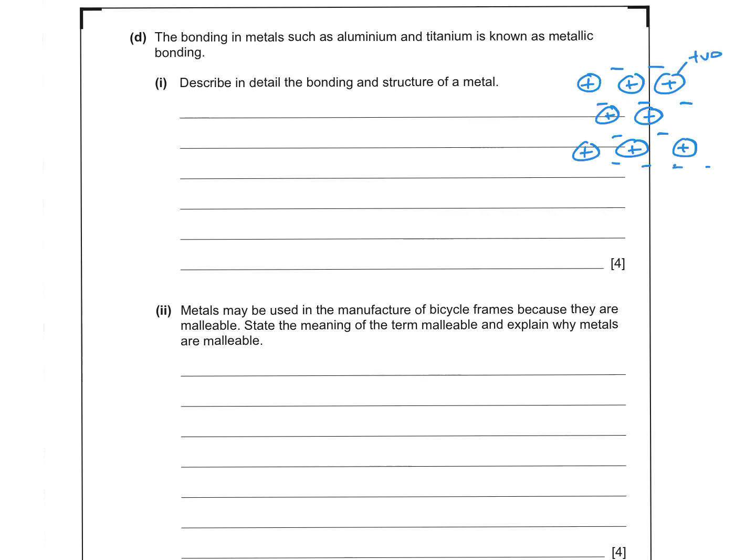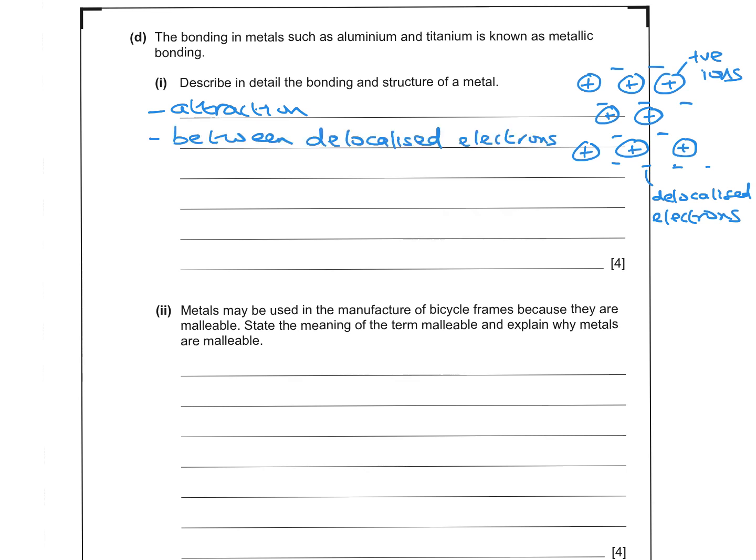These are positive ions, and then we've got these delocalized electrons. So you can see it's a regular pattern. We say it's a regular lattice. So the definition itself is the attraction between delocalized electrons and a regular lattice of positive ions.